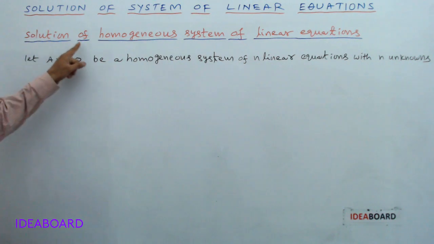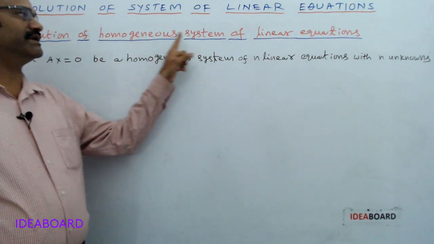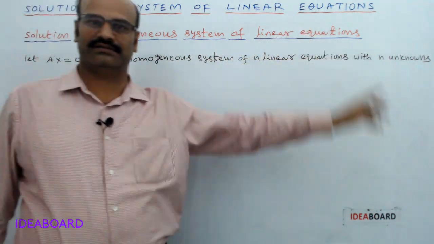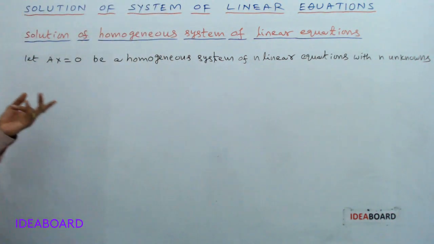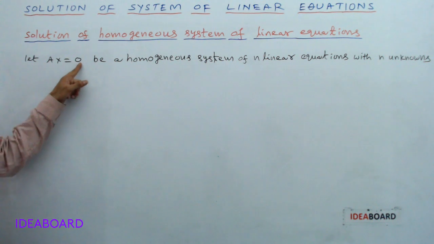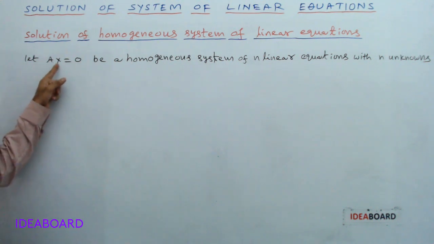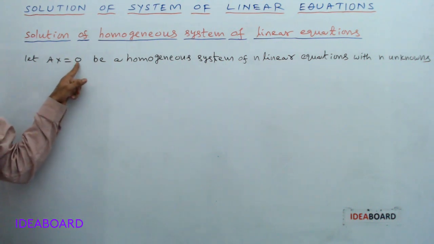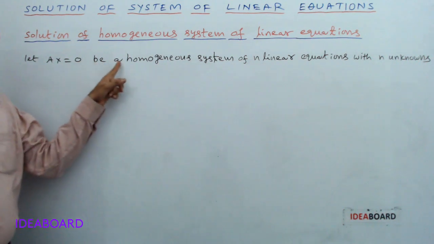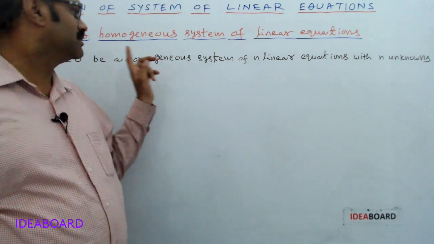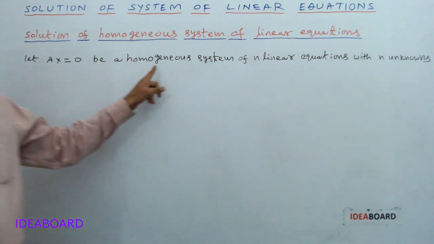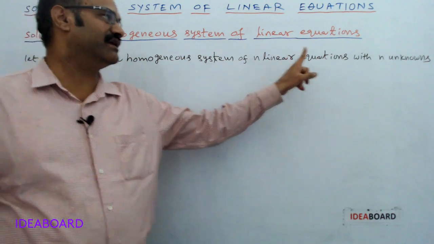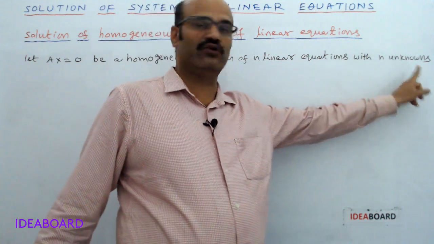Now we have to discuss the solution of a homogeneous system of linear equations. We know that a homogeneous system means we take the equation Ax equal to null matrix. Whenever we have Ax equal to B, if B is a null matrix, then we say it is a homogeneous system. So let us take Ax equal to null matrix, a homogeneous system of n linear equations with n unknowns.